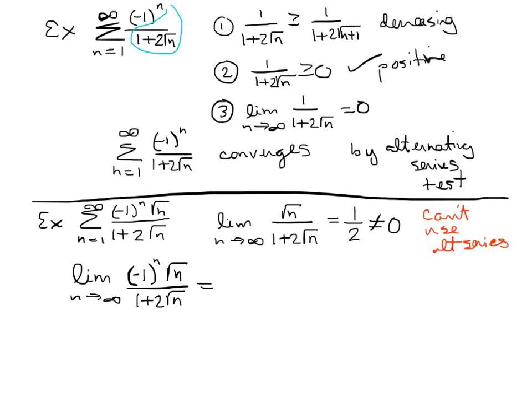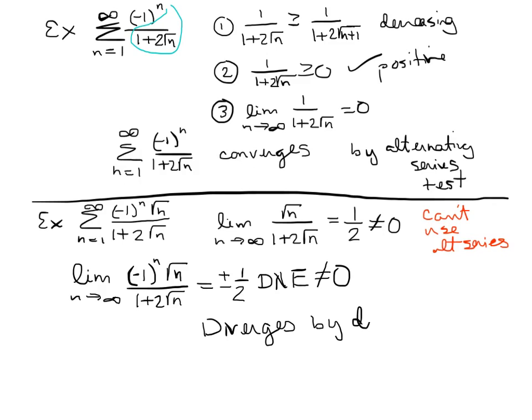But because of the negative 1 to the n, it would oscillate between positive 1/2 and negative 1/2. So this limit actually does not exist, which is still not 0, which still says that it diverges by divergence theorem.